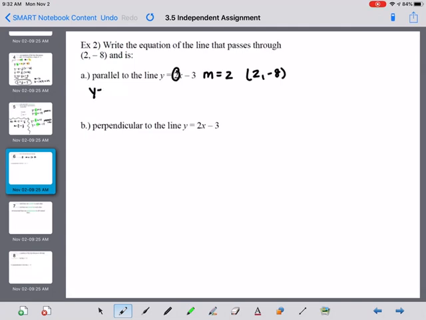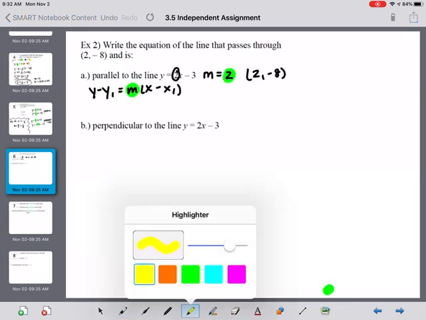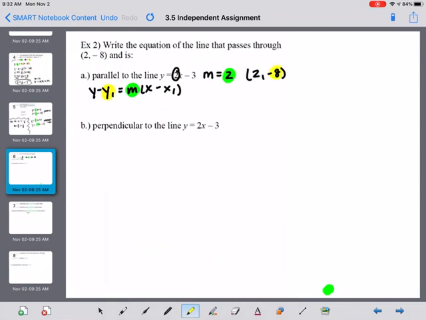So I have y minus y1 equals m times x minus x1. So we have m and m, we have y1 and y1, and we have x1 and x1.